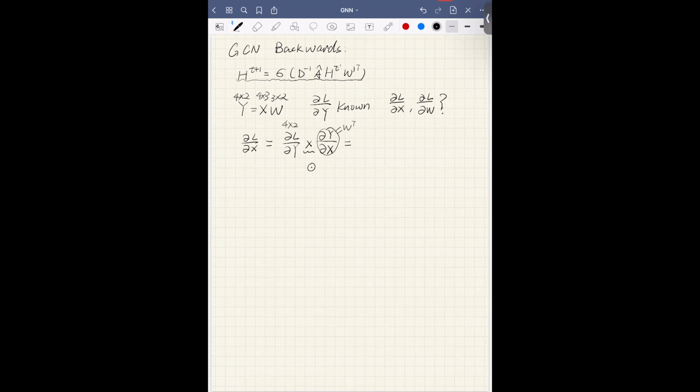And the weight transpose will be 2 by 3. And the result matrix will have the shape 4 by 3. So this will be the same as the shape of the X matrix. So we are doing it right.